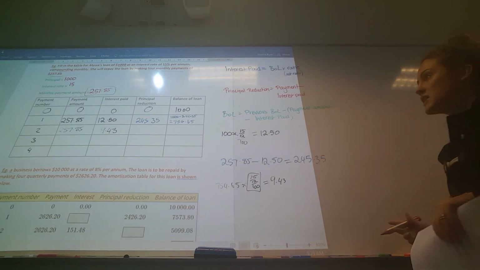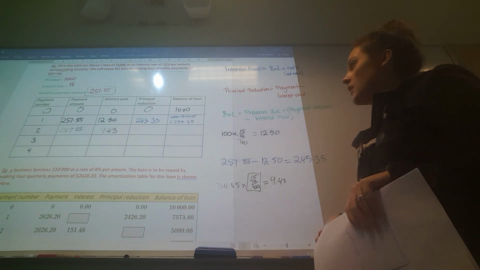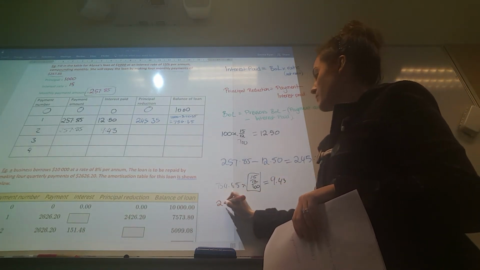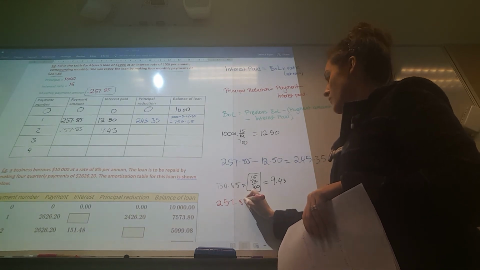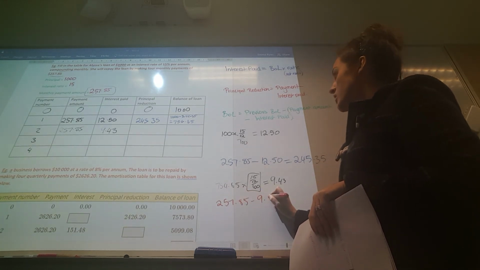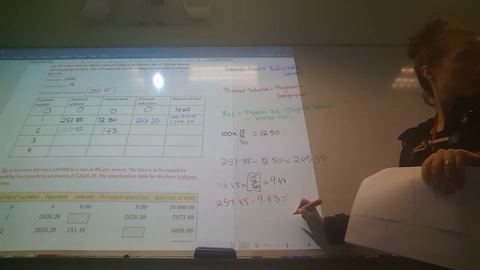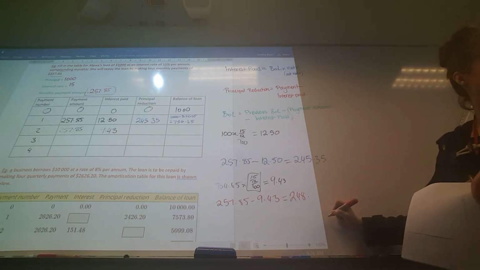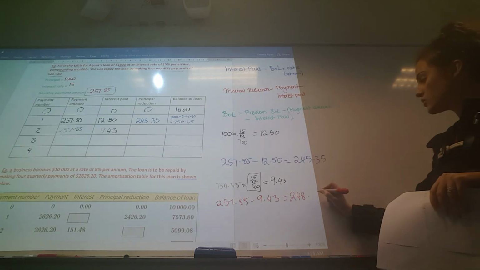Okay, so the principal reduction. What have we got? So we've got the payment amount, take away the interest paid. So 248.42.